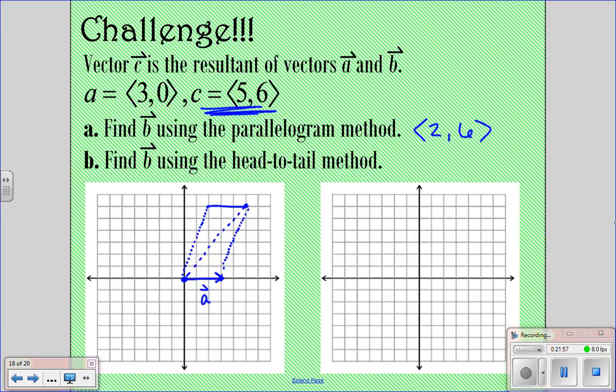Okay? Using the head to tail method, we're going to start by drawing A, and we went over 3. So that's vector A. And then for vector B, we don't know what we did, but we know that for the final result, I'm going to do it in black, we went from 0, 0 up to 5, 6.